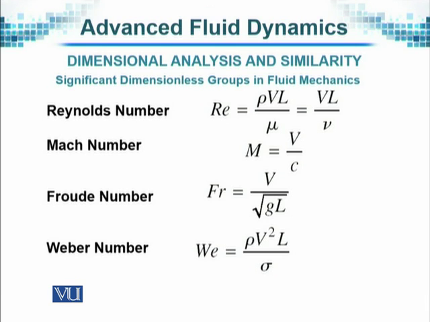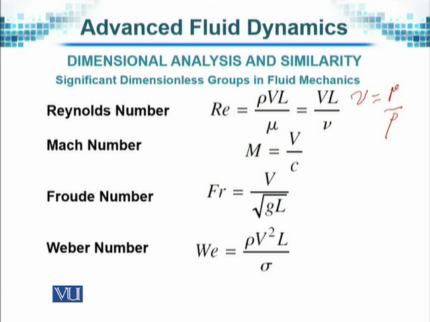It is a ratio of rho V L over mu: rho the density, V the velocity, L the length, and mu the coefficient of viscosity. The same thing can be written as V L over nu, because as we know, nu is equal to mu over rho. While they are dimensionless numbers, they also have a significance built into them.